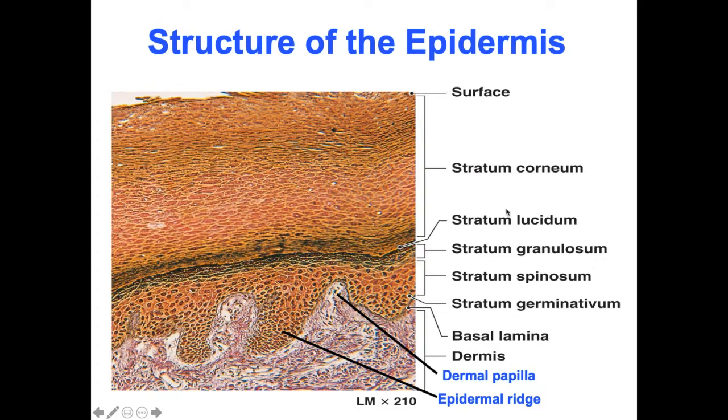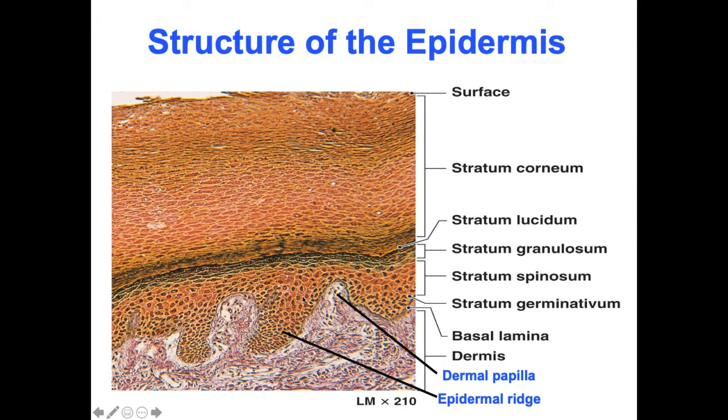They're very close in layer. They all have stratum in front of it. Stratum like stratosphere, it's layer. These are the layers, microscopically, of the epidermis. Stratum corneum, stratum lucidum, granulosum, spinosum, and germinativum, also known as the stratum basal layer. The stratum basal layer down here, these have stem cells.